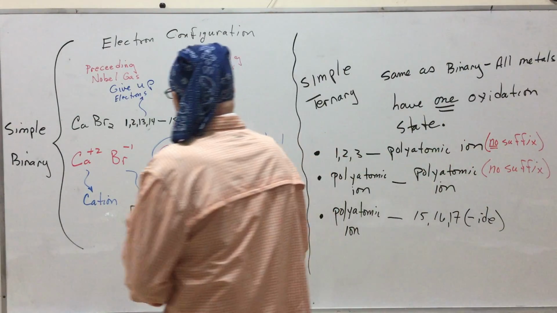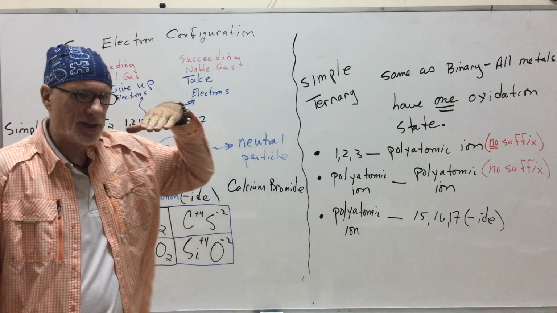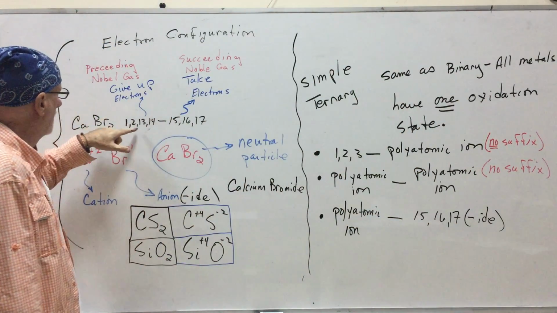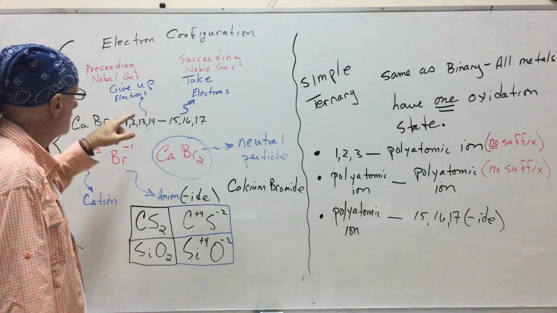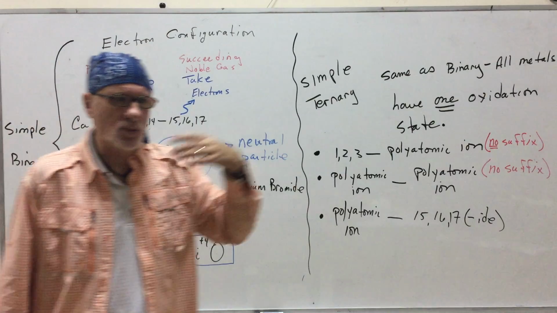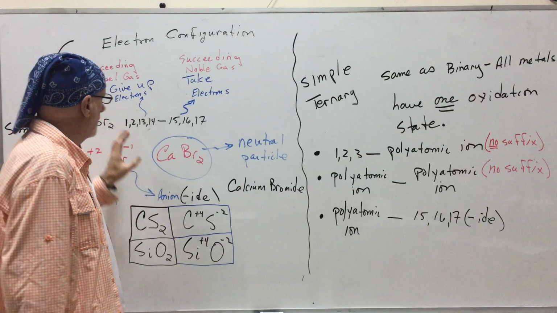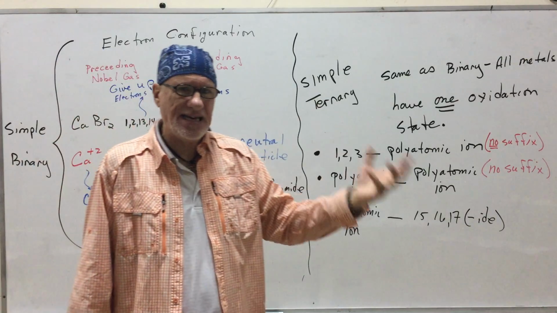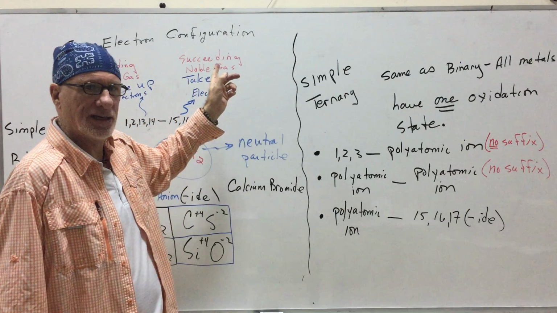Okay, so relative to the electron configurations of binary, the 1, 2, 13, 14 will give up electrons, and then the 15, 16, 17 will take electrons. So this becomes a configuration 1, 2, 13, and 14 like the preceding noble gas. And this will be like the succeeding noble gas.